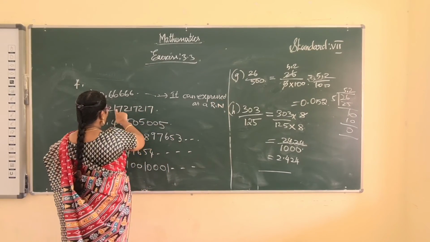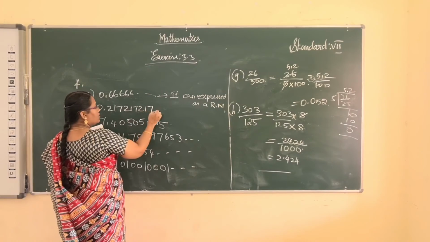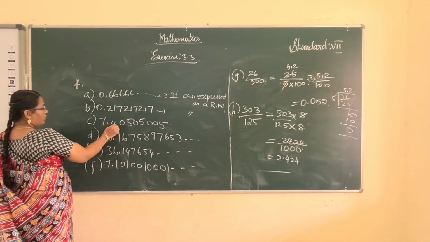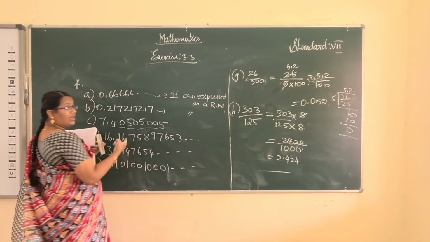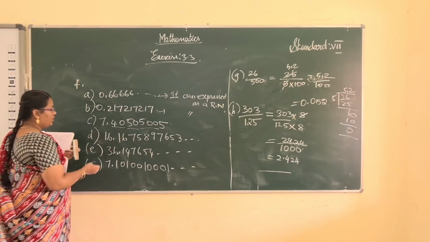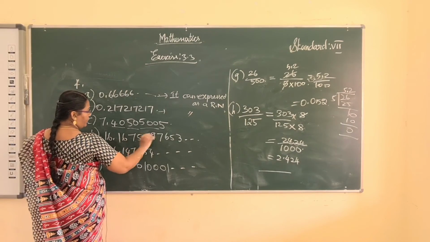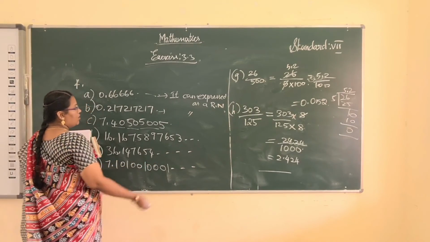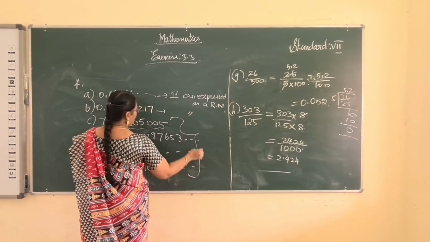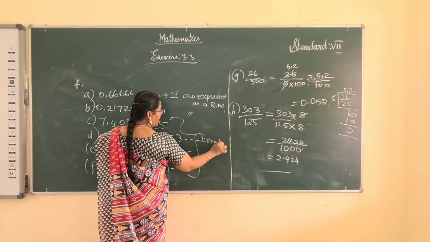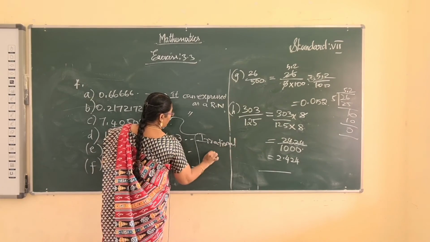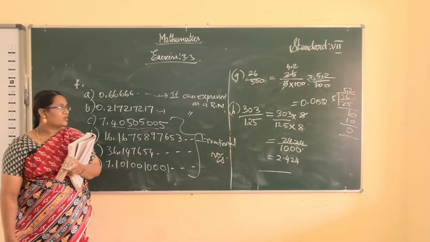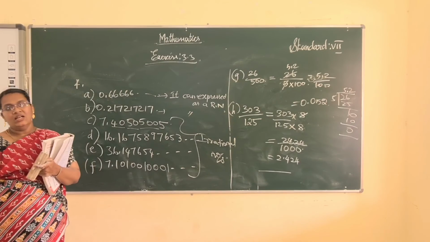And the second one also, 217, 217, 217, so it can also be expressed as a rational number. But here 40, 50, it is an irrational number. Here 16, different numbers, not repeating, so these are not possible, these are irrational numbers. So only the first two can be expressed as rational numbers.